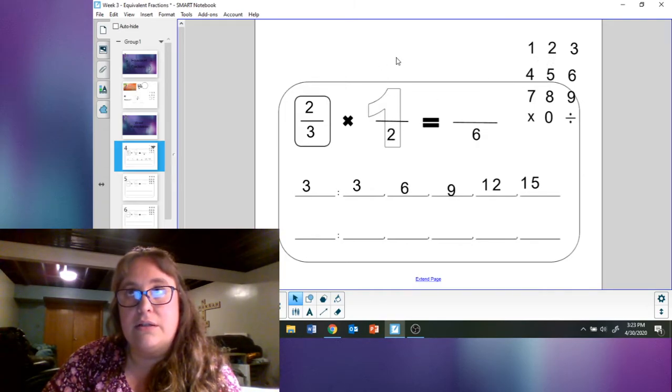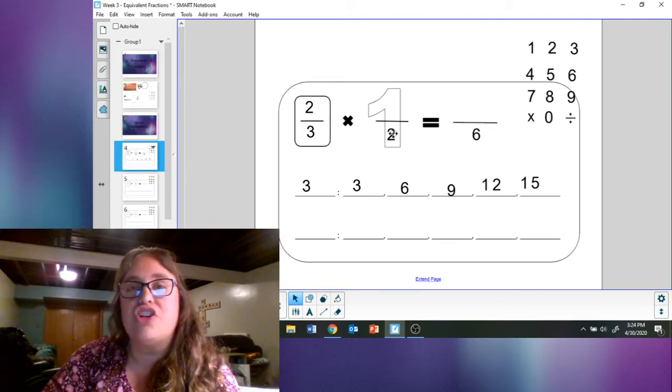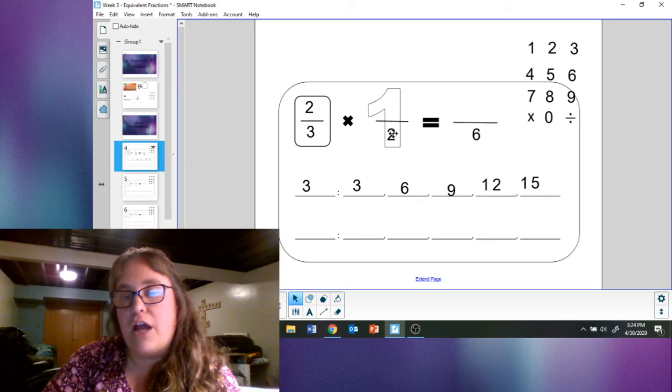So you basically took those thirds and you cut them into 2 pieces to end up with 6. Well, you have to multiply by 1 to not change the value of your fraction. So what goes up here? It needs to be a 2, because 2 pieces out of 2 pieces is equal to 1.